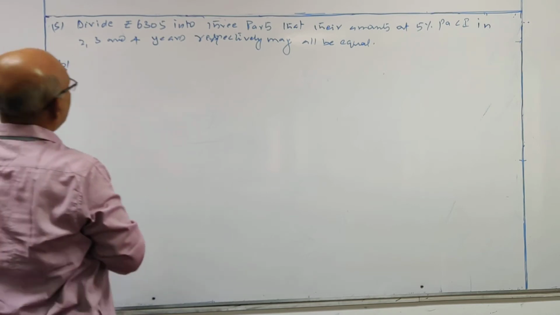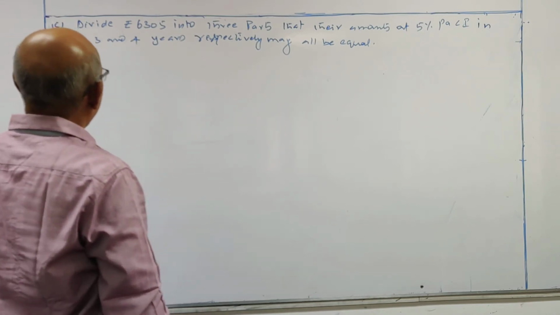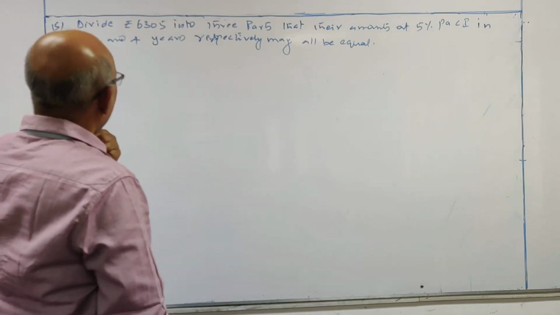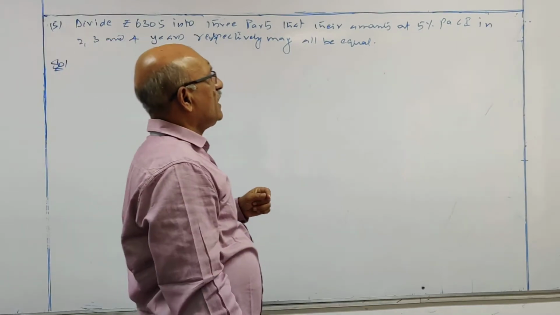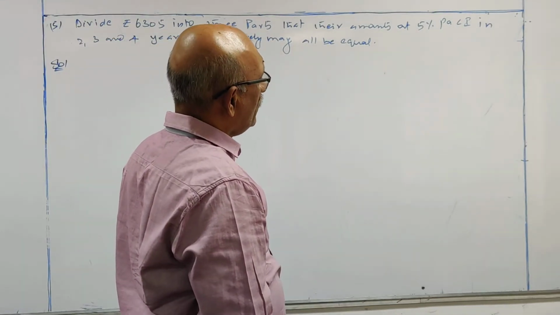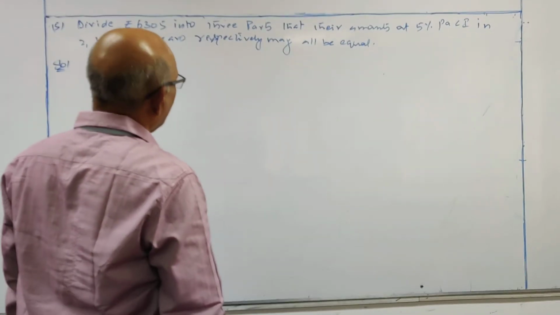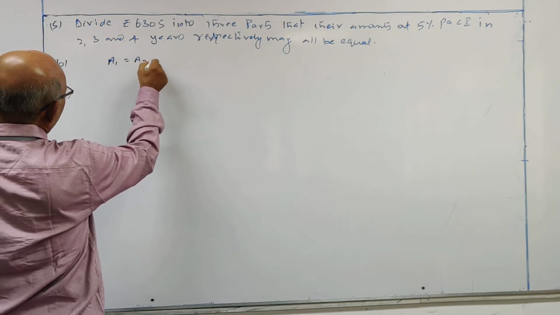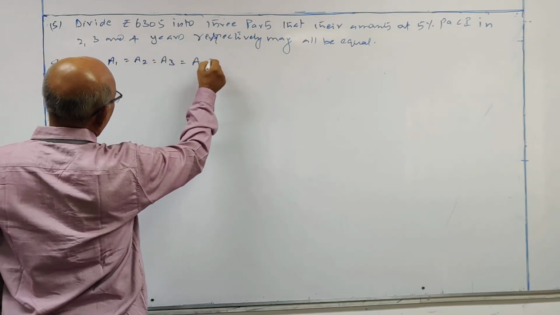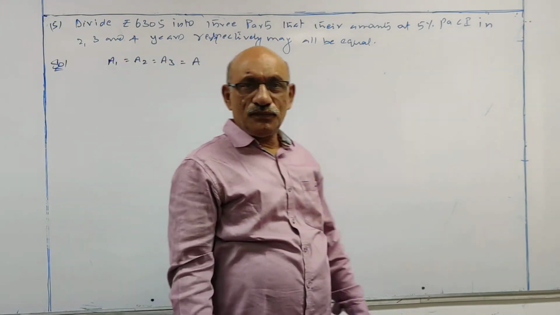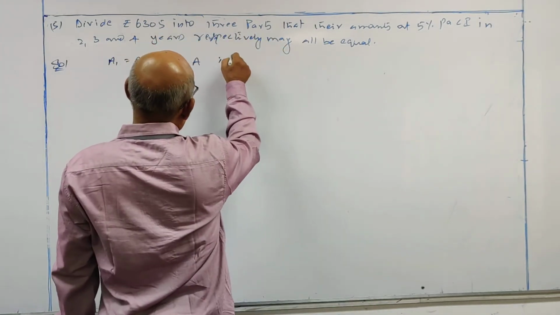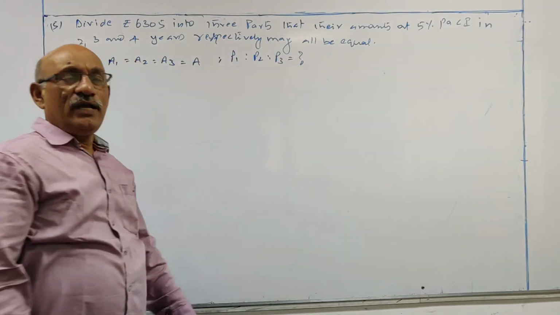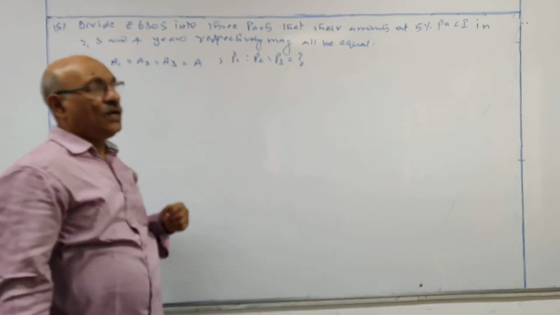Now see the solution. The principals we have to calculate. Divide rupees 6305 into 3 parts, so that their amounts at 5% per annum in 2, 3, 4 years respectively may all be equal. So A1 is equal to A2 is equal to A3. This is the same value you have to get. Now what is required for me? P1, P2, P3 are question marks. In what ratio do I have to divide this?